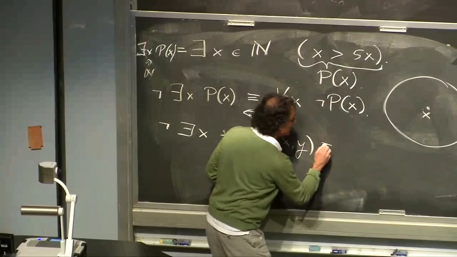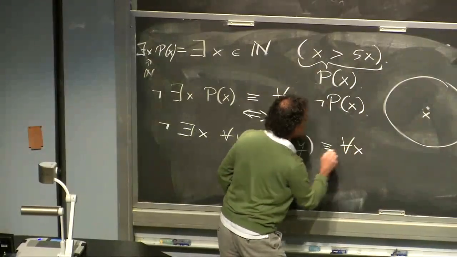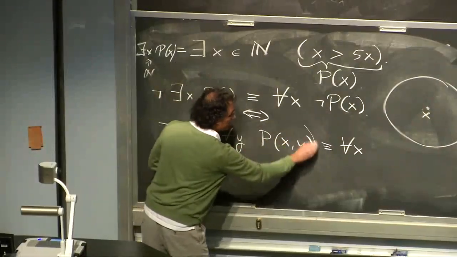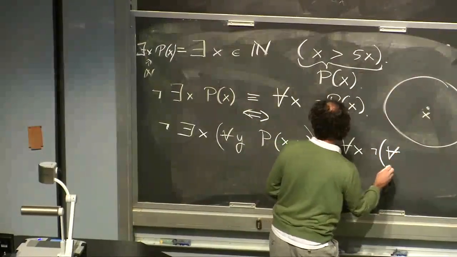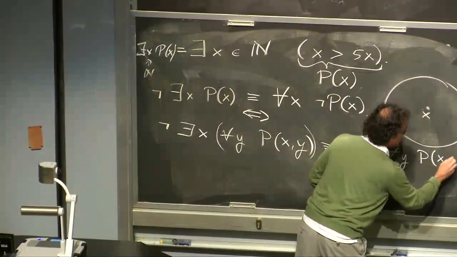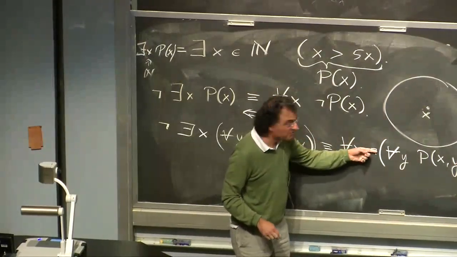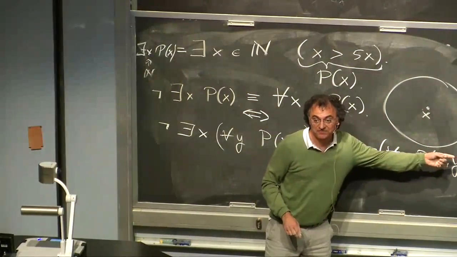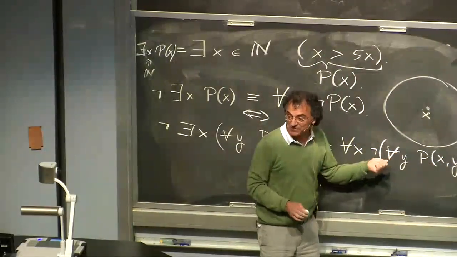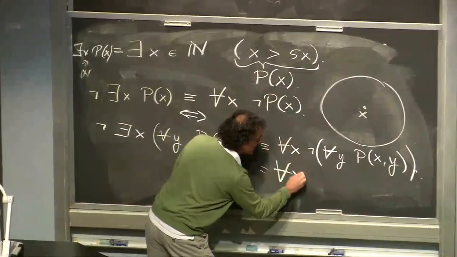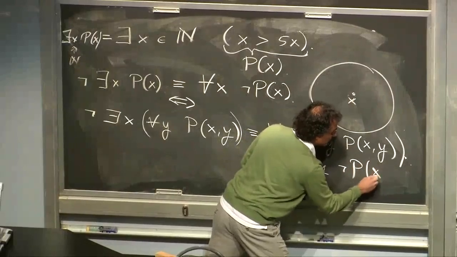This is the same as, you move the negation in, you get for all x, and then you negate this piece, so you get negation of for all y, P of x y. But now, what's to prevent you from moving this negation in further? Same principle: when you move it in, this quantifier flips. So you get for all x, there exists y, not P of x y.